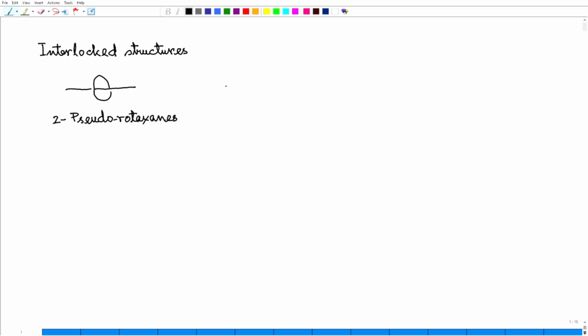Then if this is pseudo, then what is the actual rotaxane? This is the structure of rotaxane. Okay.